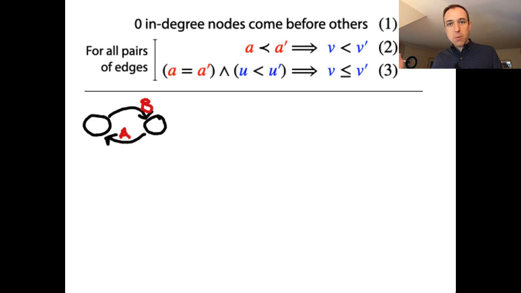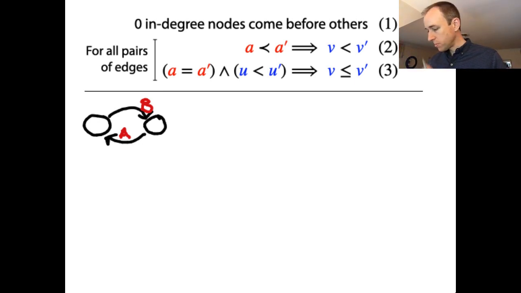Rule 3 is not relevant here because if I plug in these two edges for E and E prime, I'll find that the edge labels are not equal, and therefore this part of the left-hand side will be false, and therefore the entire left-hand side will be false, and therefore the entire implication holds trivially, right? Because when the left-hand side is false, the whole implication is true. So rule 3 will hold just fine, because there are no pairs of edges that have the same labels. So let's go to rule 2.